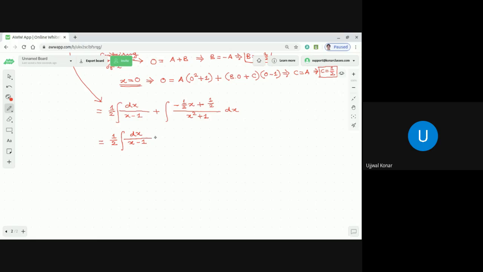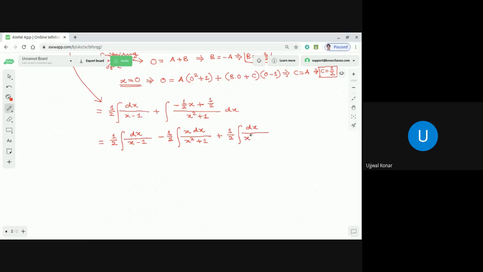Then we can take minus half first, integration x dx divided by x square plus 1, plus half integration dx by x square plus 1.